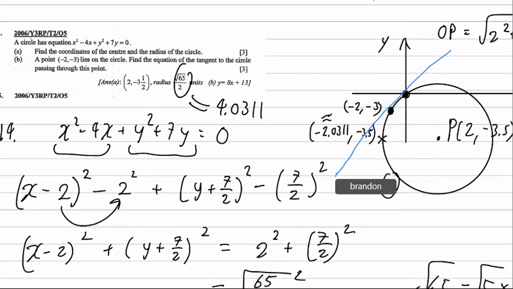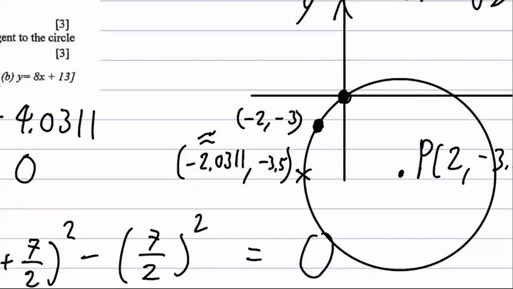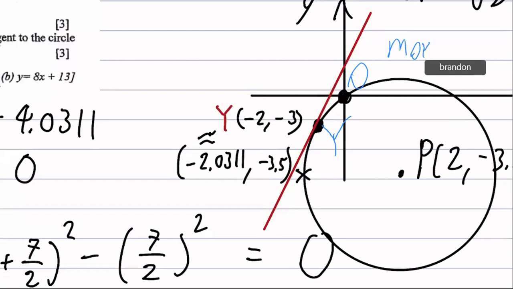Then the question is asking you, find the equation of the tangent to the circle passing through this. Find the gradient of OY, or what do you want to call this point? Y. Okay. So you want to find the gradient of OY. Wait.